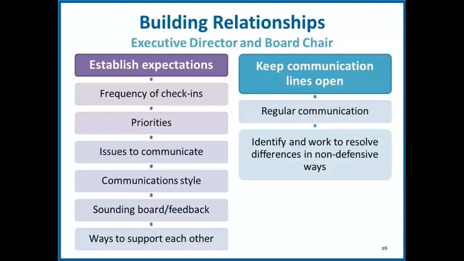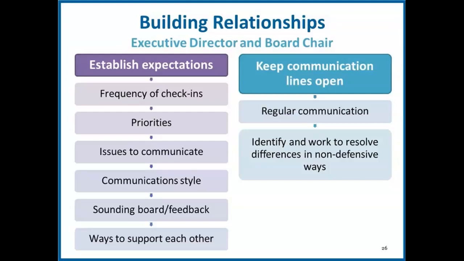So this is a good listing here of the executive director and the board chair. So looking at establishing expectations. You can look at the frequency of the check-ins, what are the priorities between those expectations and check-ins, what are issues that might need to be communicated, what are the different communication styles of both the executive director and the board chair to make sure that that goes smoothly.